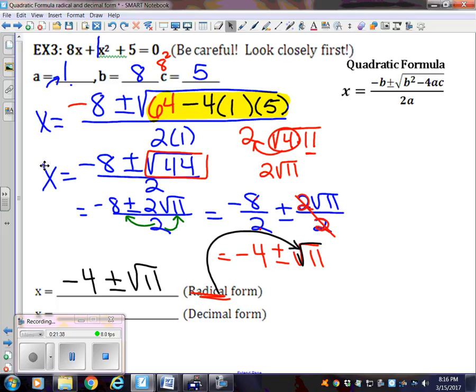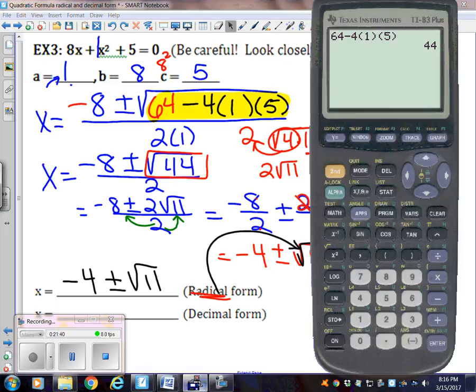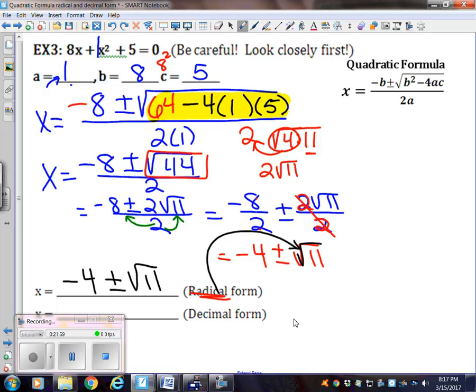Now, if I were going to find this answer on a number line, I need the decimal version. So I'm going to have to type that in and change it to decimal form. Here I go. Negative 4 plus second square root of 11, closing my parentheses, yours has a bar. My first answer is negative 0.68. That's only the first answer for x.